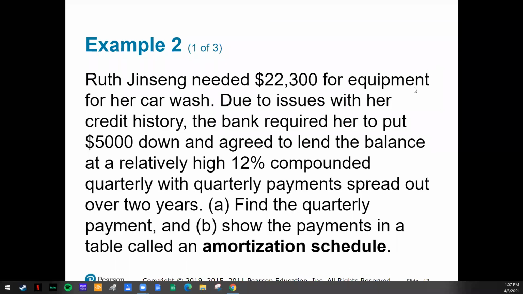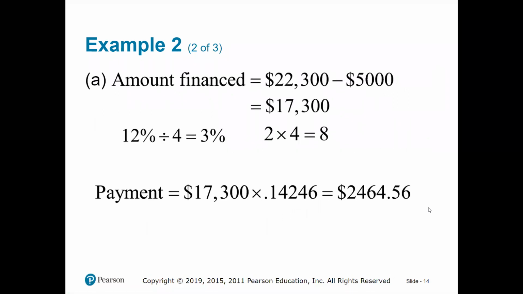Okay. So we need to find the quarterly payment and show the payments in a table. All right, here's the first step. We're going to take the $22,300 and subtract the $5,000 down. So that leaves her with $17,300 to pay off in the 2 years.